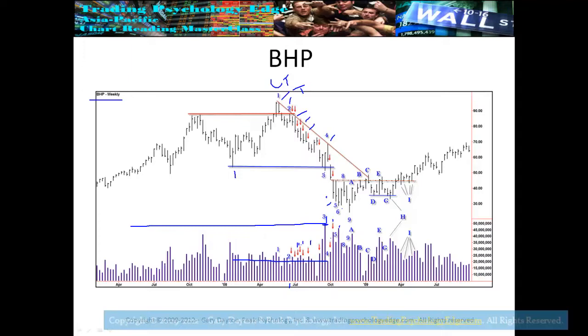And look at the progress being made down. It's not very stellar, is it? We're making just very little progress from this bar to 5 and then to 6. We're still making lower lows and lower highs on the price bars and lower closes, so it's still negative.